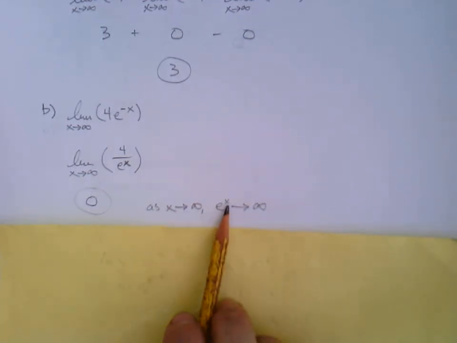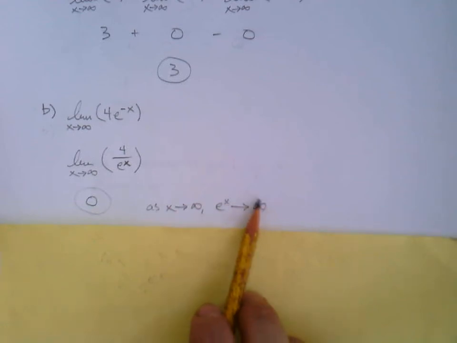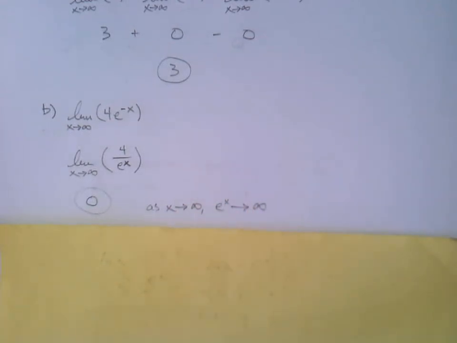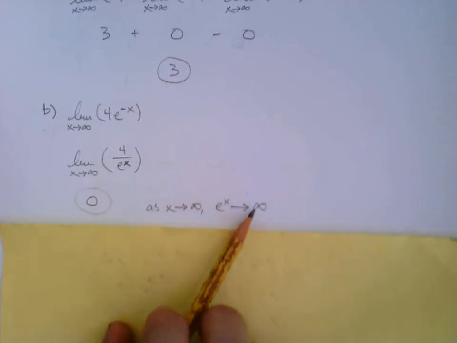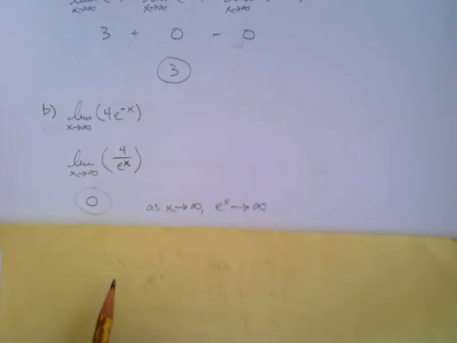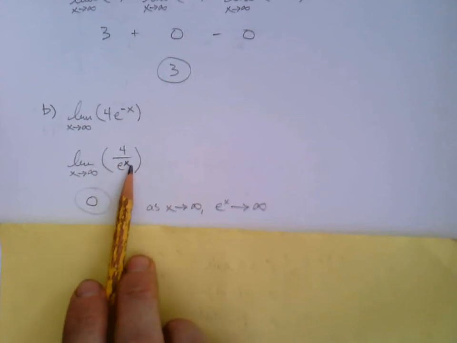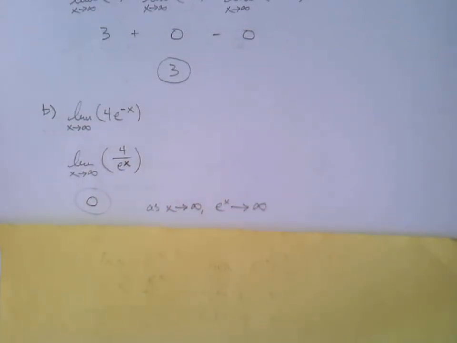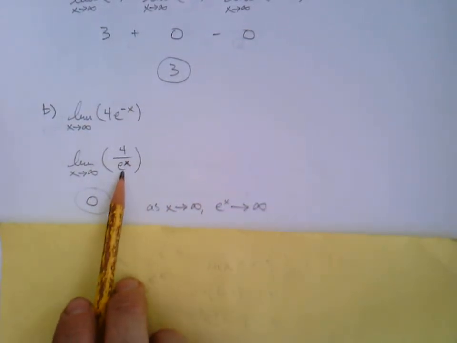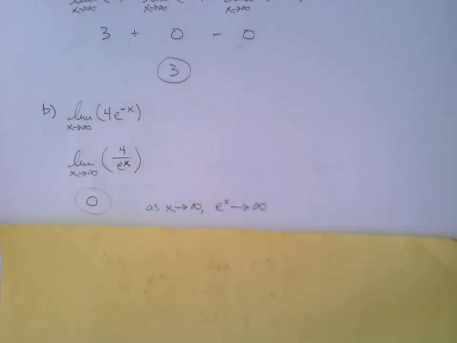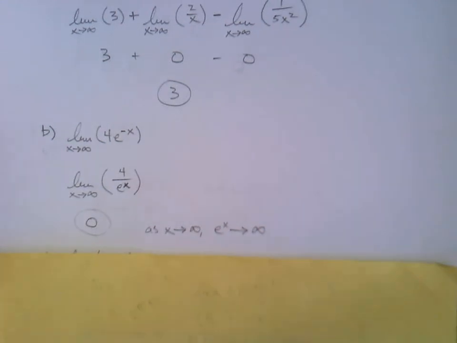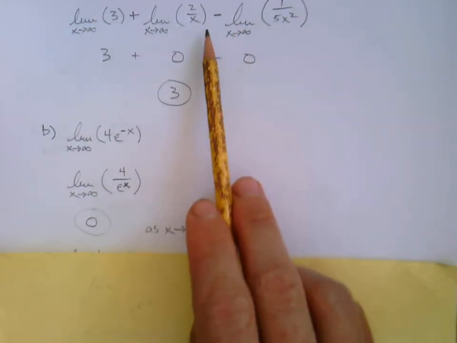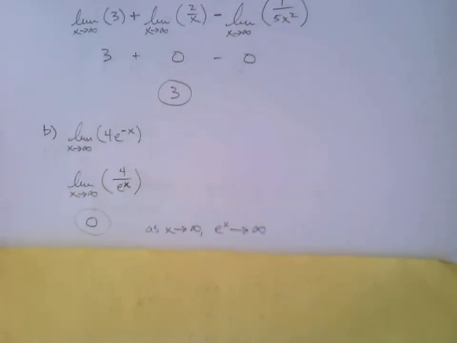So as that exponent gets bigger, then that number just gets larger and larger and larger. That means we're dividing by infinity, if you will. We're dividing by a really big number down here. The numerator is just staying at 4. So 4 being divided by bigger and bigger denominators, the whole thing's getting smaller. It's going to 0, just like back in these cases where those went to 0. This one is as well.